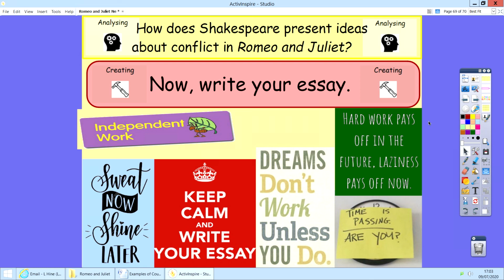Good. Right. So this is hard work. Don't rush it. But when you come to do your actual essay, do not allow yourself any more than 45 minutes. That is what you would have in the exam. Set your timer on your phone. Set a proper egg timer if you've got one in the kitchen. Do not give yourself more than 45 minutes.